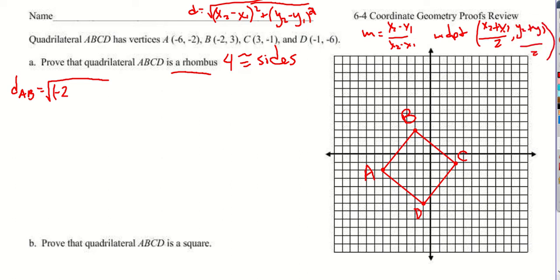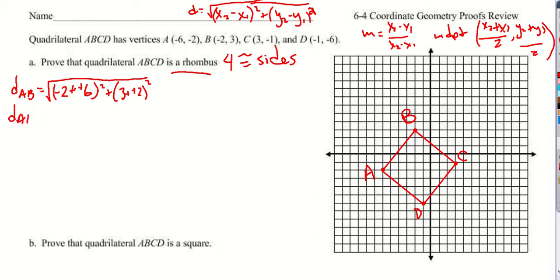All right, so we're going with x2, which is -2, minus x1 from A, which is -6. That's going to turn into a plus, squared, and then plus, and then we're doing the y's. So it should be 3 minus -2 squared. So once again, that's going to turn into a positive.